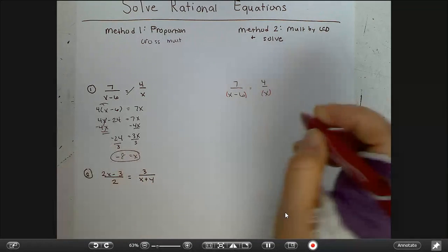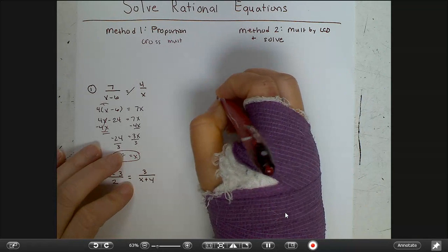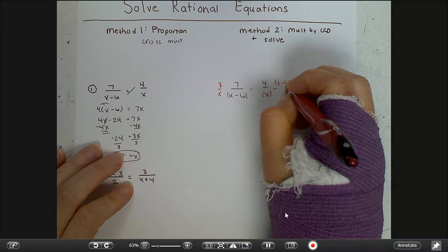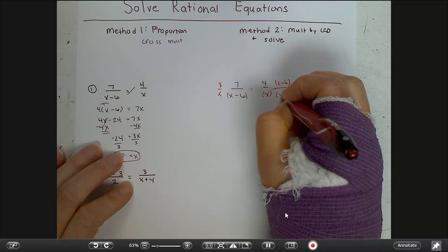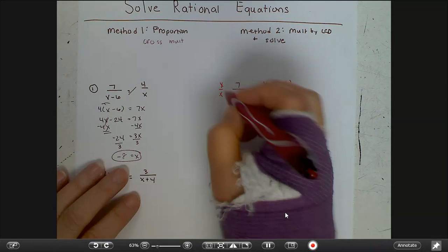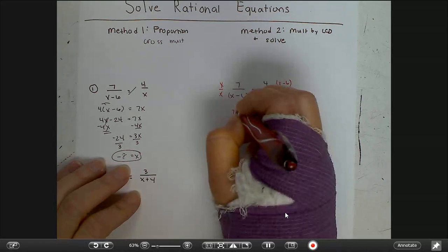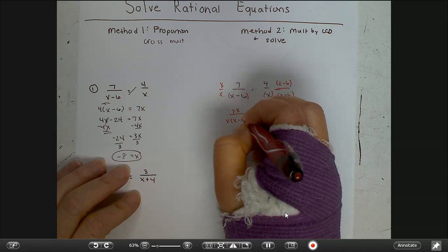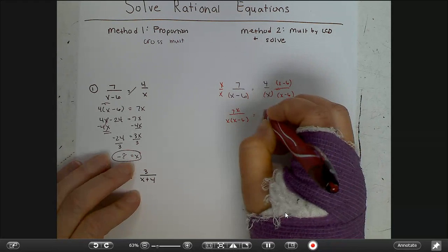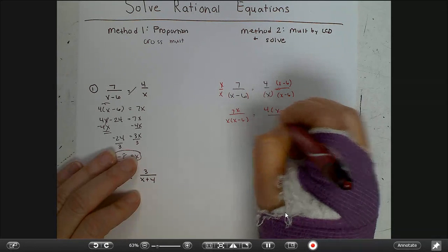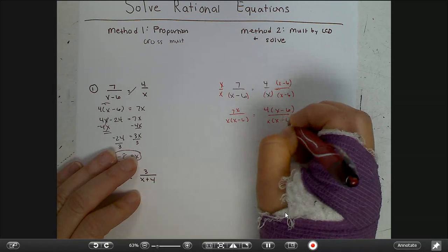I would put x and x on this side, kind of like when we're adding and subtracting, so we have the same denominator. So on this side, we have 7x over x times x minus 6. And on the other side, we have 4 times x minus 6 over x times x minus 6.